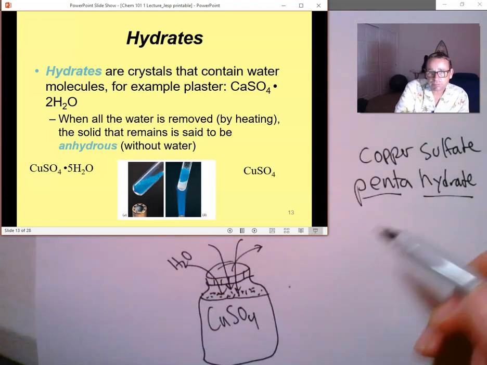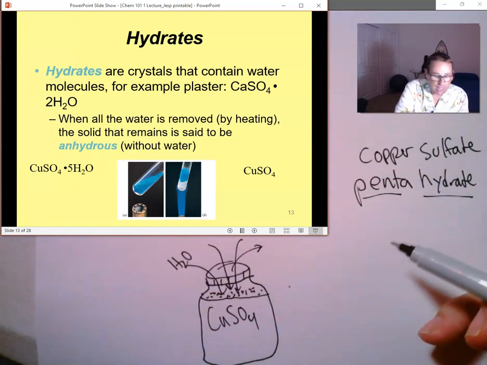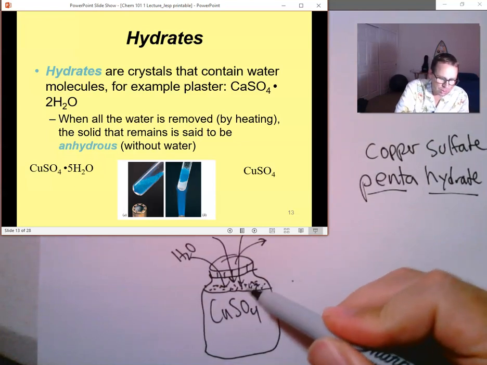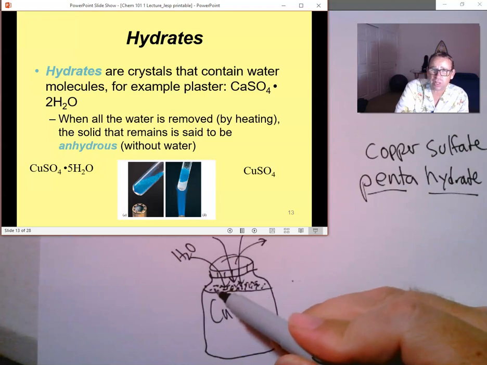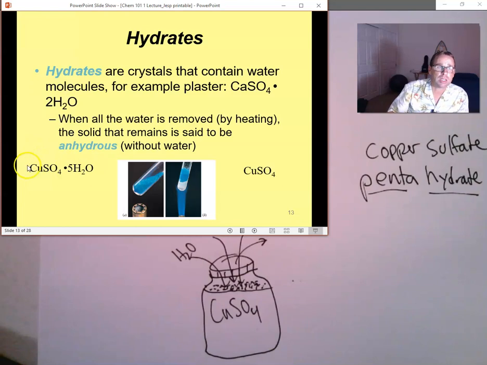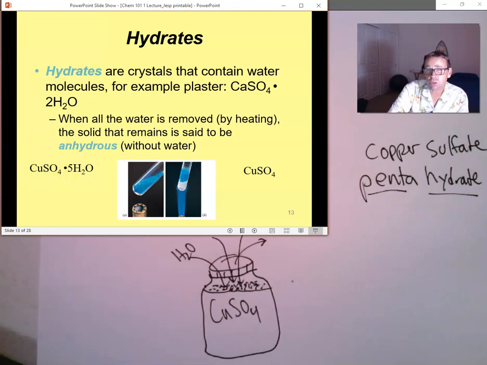So I take the lid off, I take some copper sulfate out, and then I put the lid back on. But now when I put the lid back on, I let some water in there, and so now the surface copper sulfate isn't just copper sulfate anymore. It's copper sulfate with some water, because copper sulfate is, do you remember that fancy word? Hygroscopic.